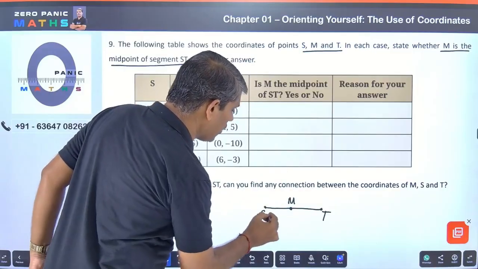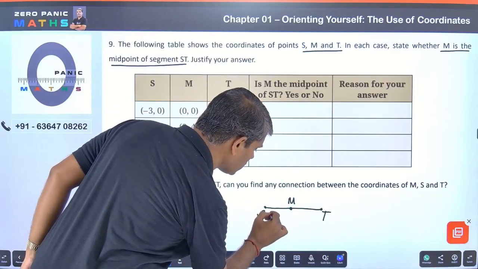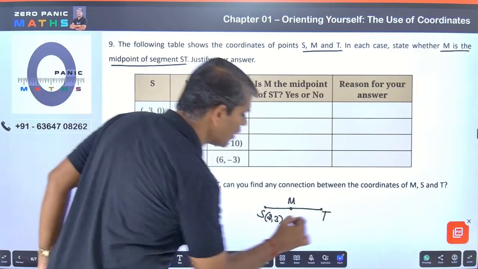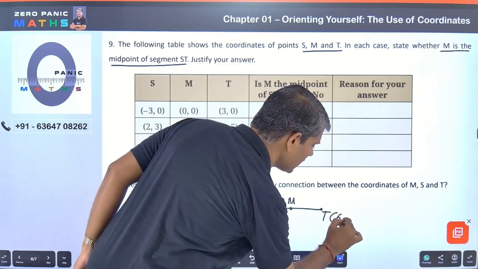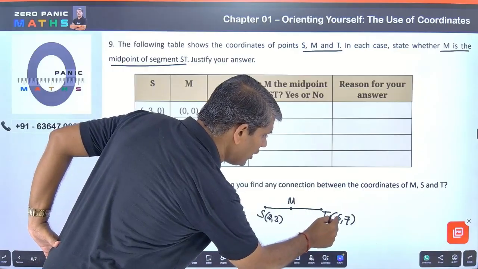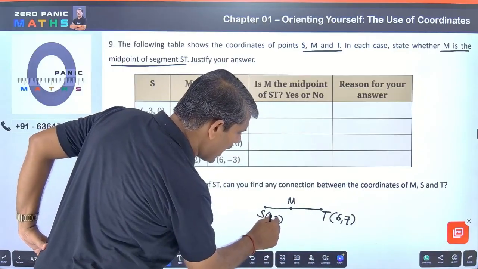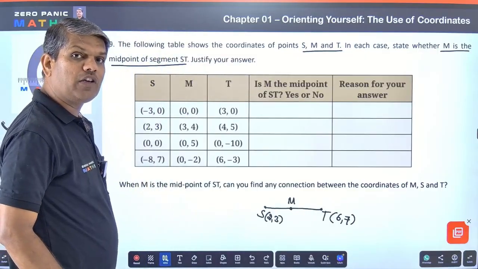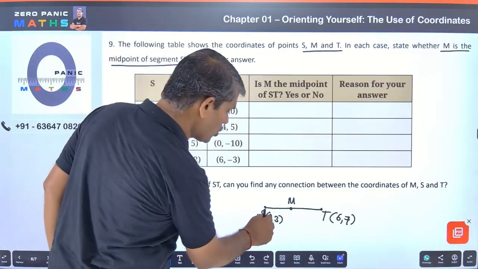Now assume that the coordinates of this are 2 and 3, and the coordinates of this are 6 and 7. Let us find the midpoint. How do I find the midpoint of 2 and 6?